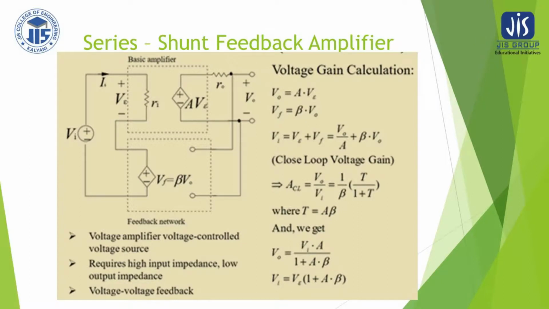So no need to write V0 here. So remember, this is solely required for output impedance calculation only, where we are connecting a V0 independent voltage source at the output, and at the input we are short circuiting the source voltage. So now what we can write, at the input side, if you apply KVL, then what you are getting?